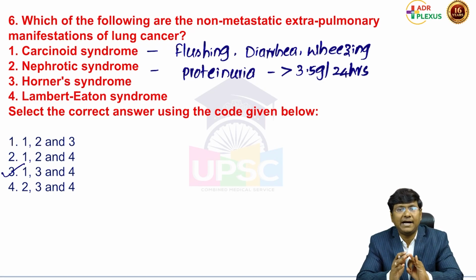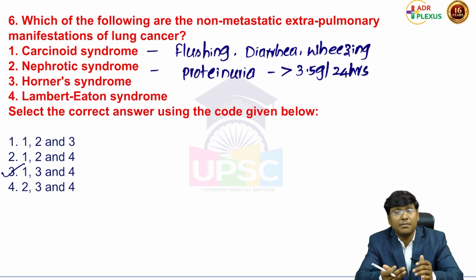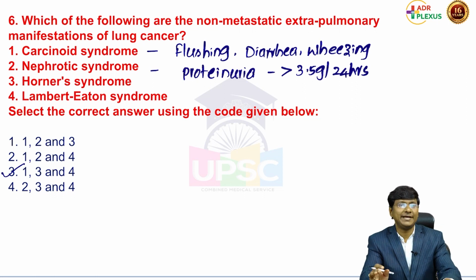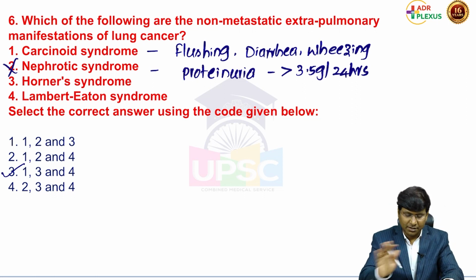Because of the hypoalbuminemia, these patients will also develop edema. The other features of nephrotic syndrome will be hyperlipidemia, lipiduria and hypercoagulability, right? And nephrotic syndrome is not among the most common paraneoplastic syndromes associated with lung cancer. So nephrotic syndrome is not a paraneoplastic syndrome.